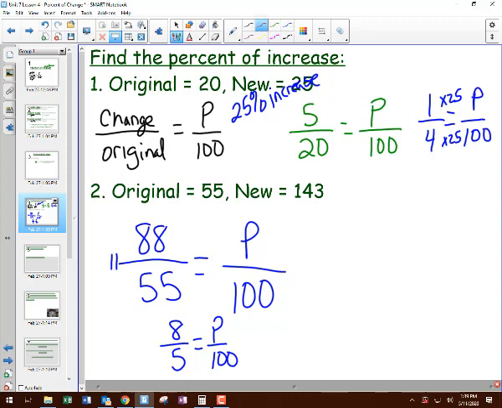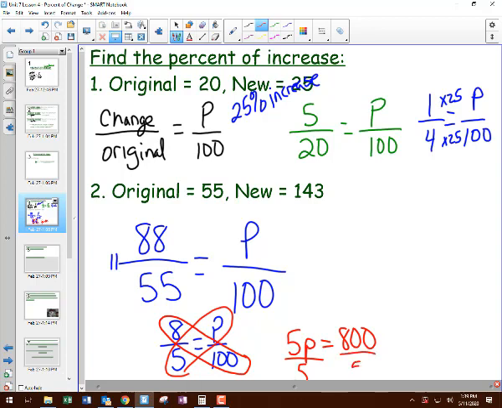I'm going to go ahead and explore this one using cross products here. 5 times P, so 5P is going to equal 800 when you look the other way. And then we just divide by 5. Divide by 5. Okay. And we're going to get 160% increase.